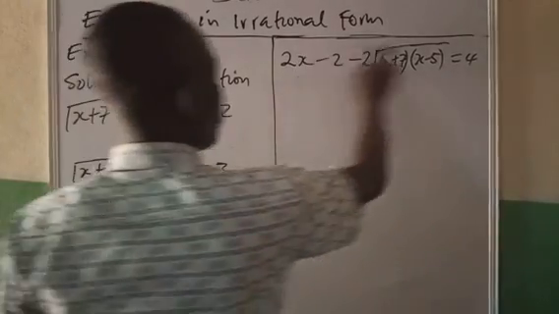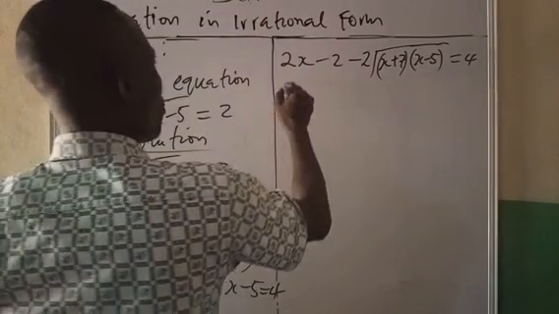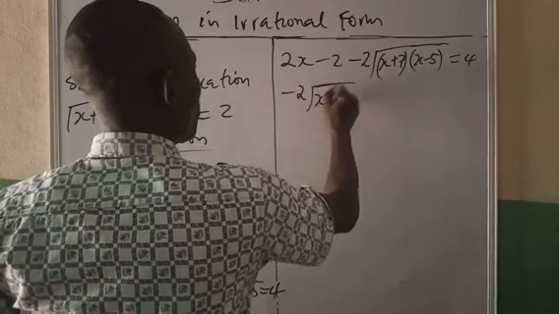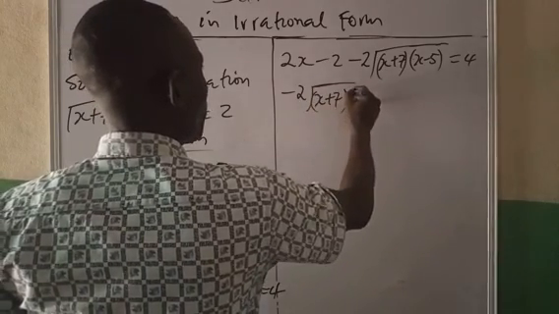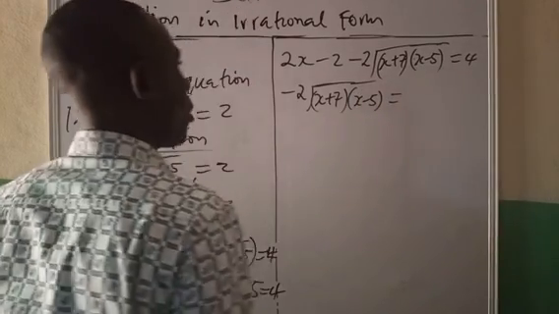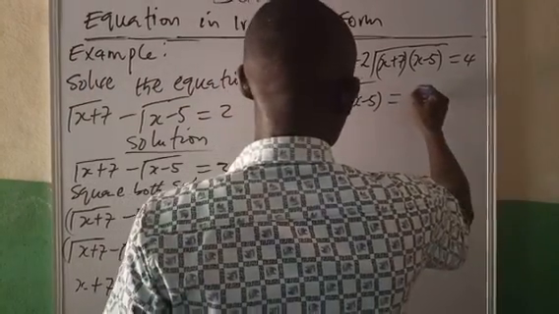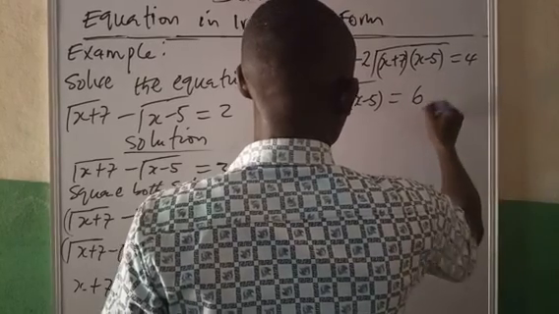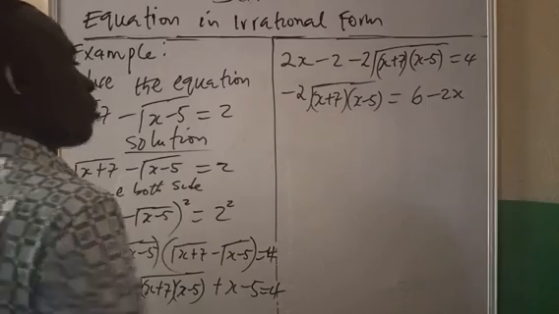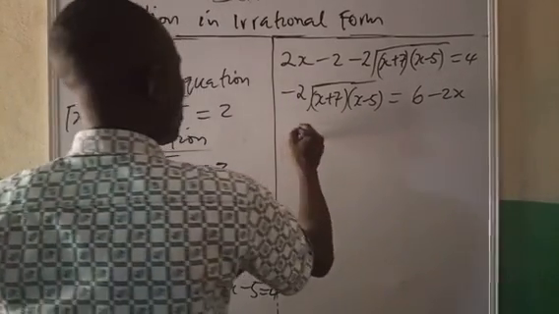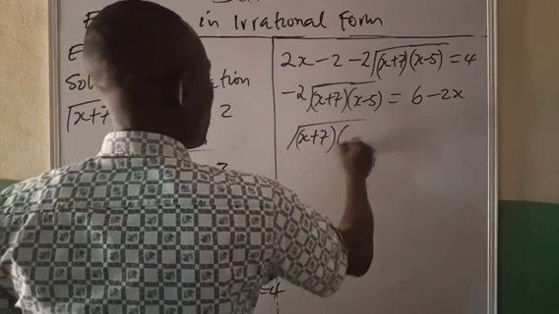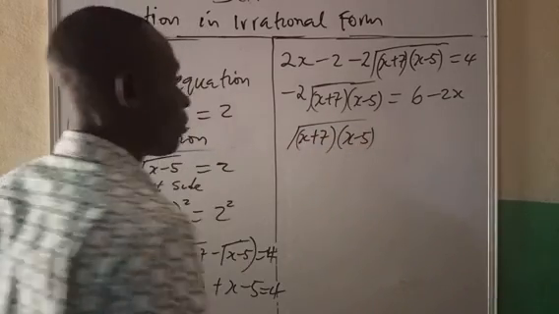We can take this to the other side to have minus 2 root s plus 7 bracket s minus 5 is equals to 6 minus 2s. So if you divide through by 2, you will have root s plus 7 bracket s minus 5.